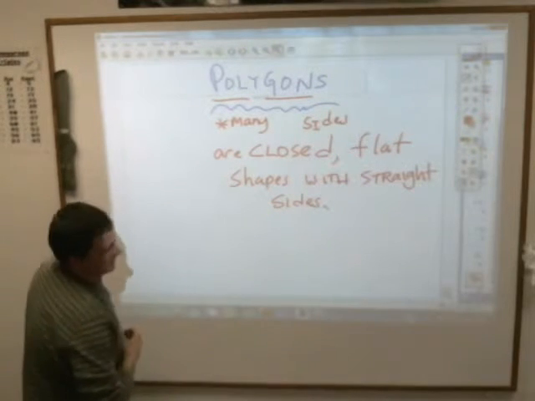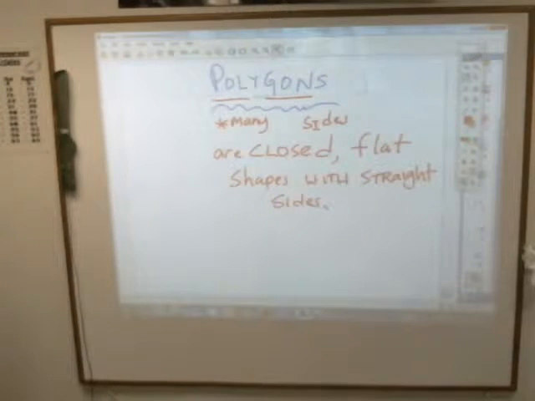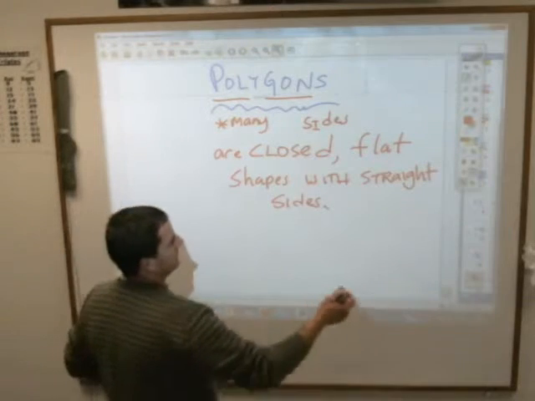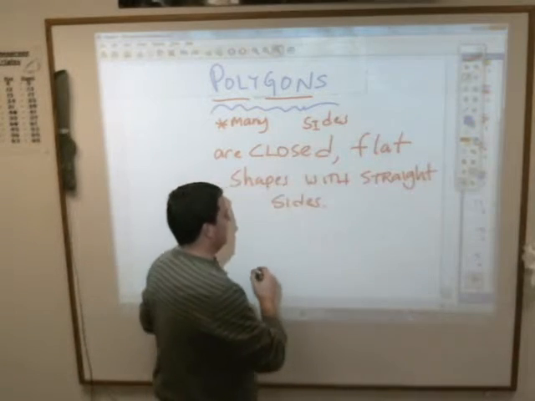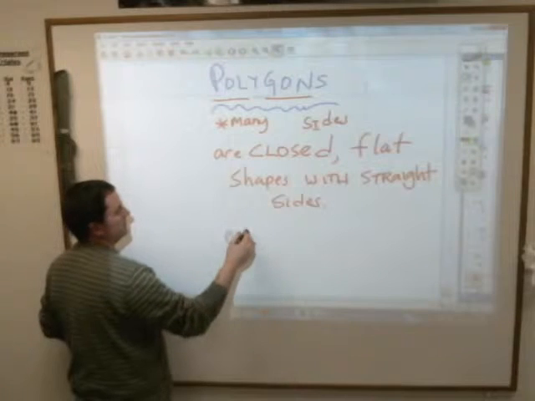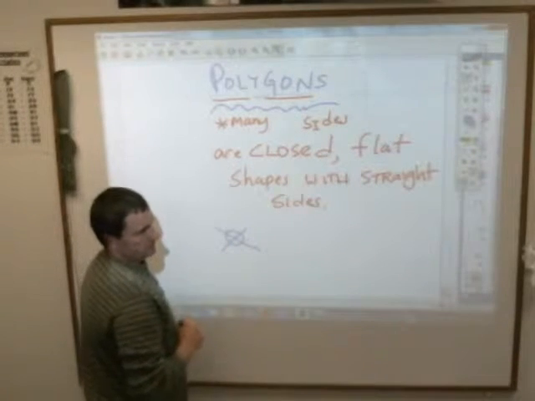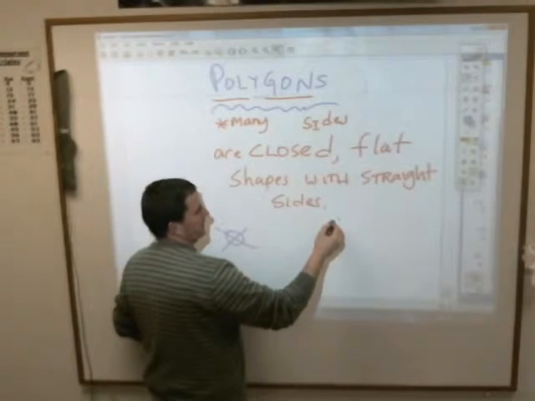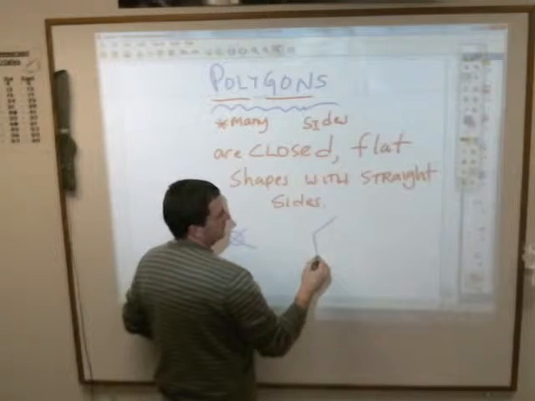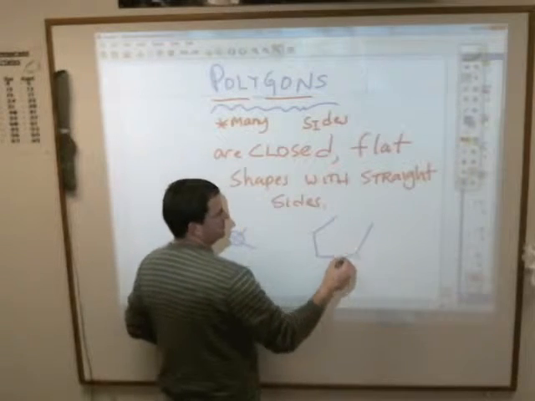Okay, write that down because a polygon has to meet those requirements. A polygon cannot have a curved surface on it. A circle is not a polygon. Okay? A circle is not a polygon. It has to have straight sides and it has to be closed.